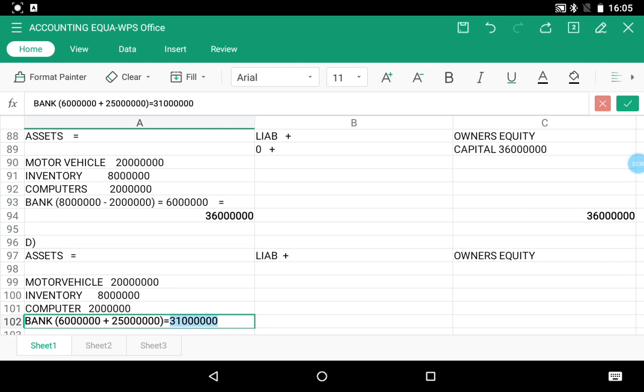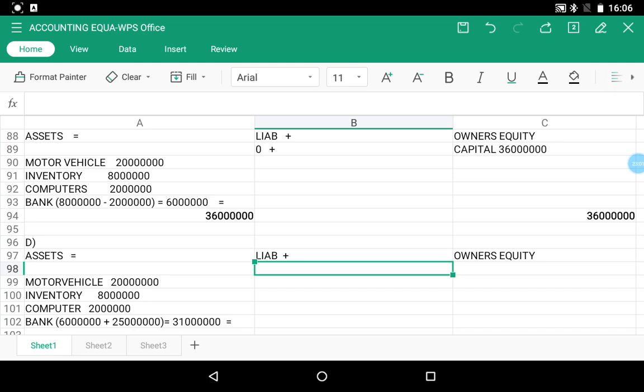So right now, after this transaction, our bank account expanded to 31 million. But we don't have any other assets, so remember it is assets is equal to liabilities.